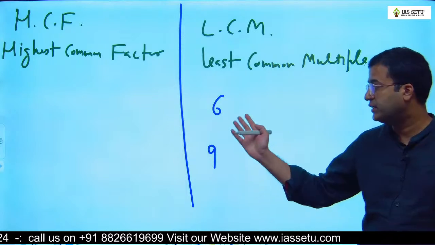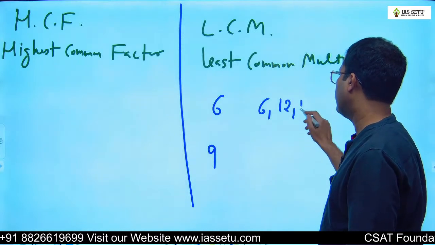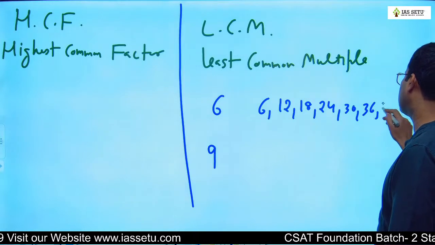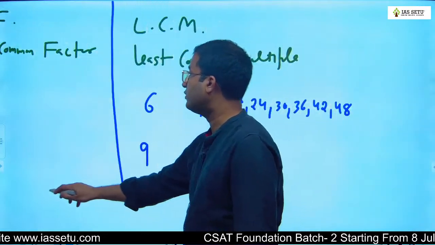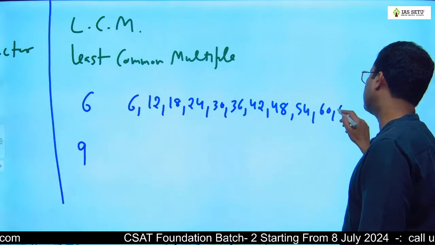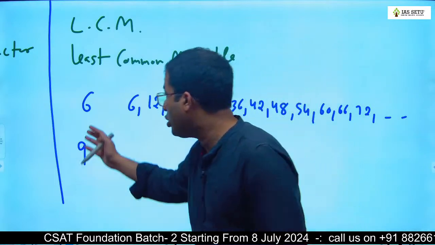Now we will see multiples of 6. What are multiples of 6? 6, 12, 18, 24, 30, 36, 42. Tell me how many multiples of 6?